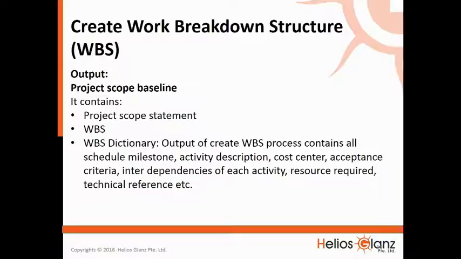It contains the project scope statement, WBS, and WBS dictionary. The output of the create WBS process contains all schedule milestones, activity descriptions, cost center, acceptance criteria, interdependencies of each activity, resource required, technical references, etc.